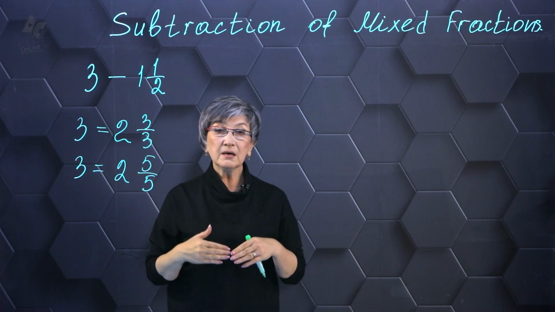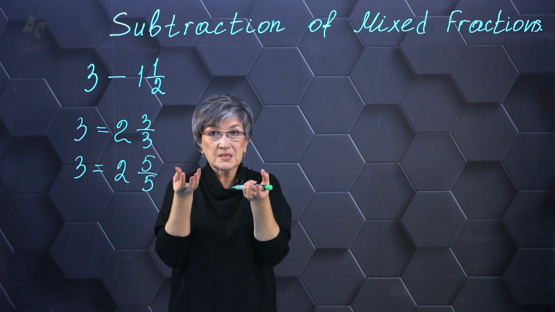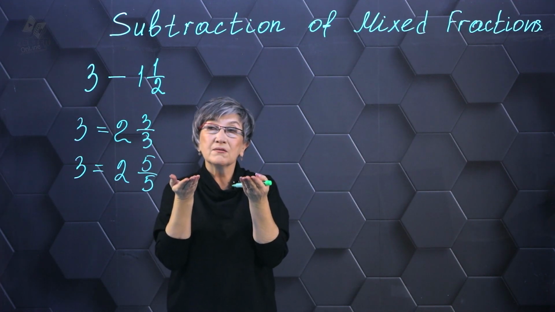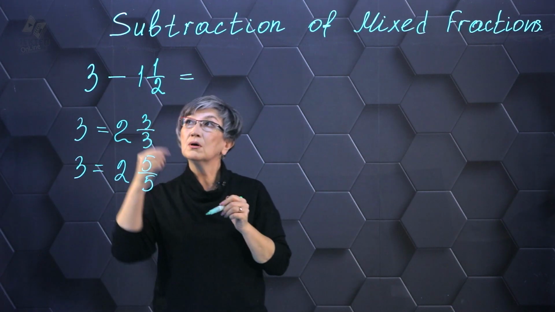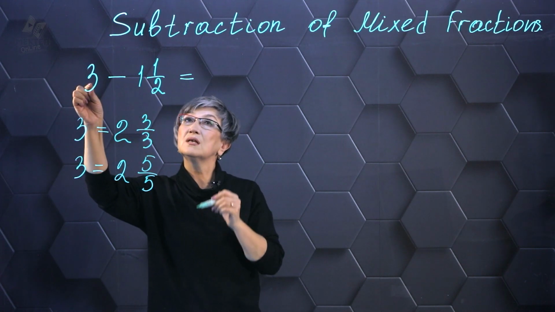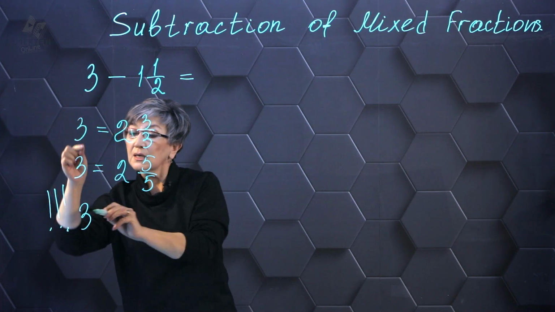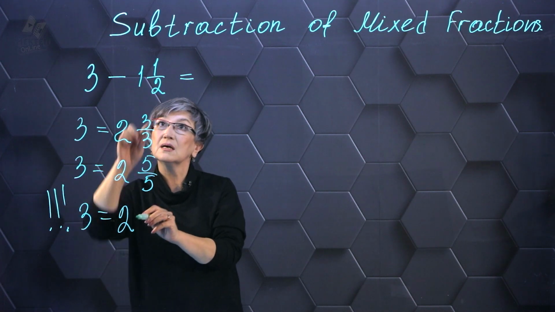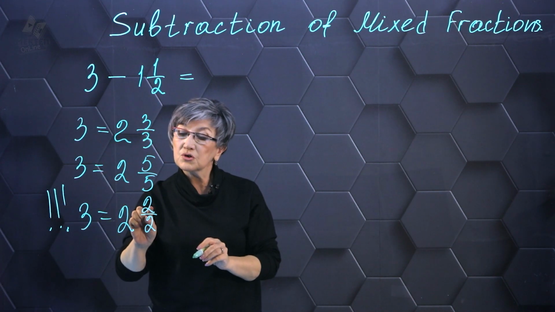Let's remember the rule of subtraction of mixed numbers. To do this, I need the denominators to be the same. Then, going back to our example, I have a denominator of 2, so I'll write 3 integers as 2 integers and 2/2, because 2/2 is 1.